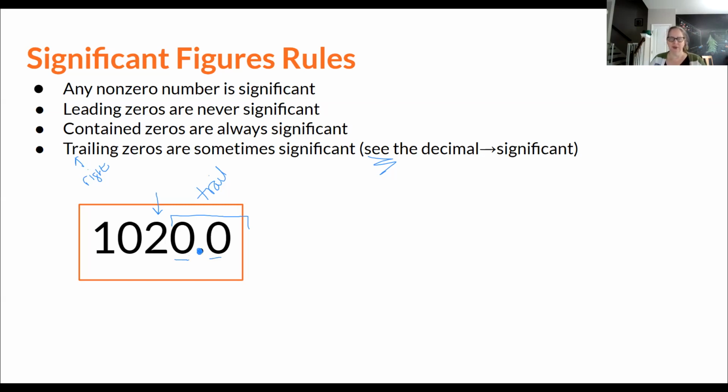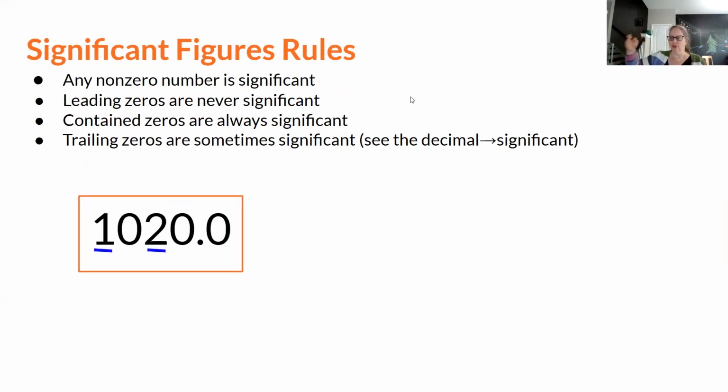So let's go through and count. The 1 and the 2 are non-zeros because they're between 1, 2, 3, 4, 5, 6, 7, 8, 9, significant. There are no leading zeros, so those are not ones we have to worry about. Contained are the trapped zeros, so trapped between the 1 and the 2, they are always significant. So you put a little underline to say, yes, I know this is significant.